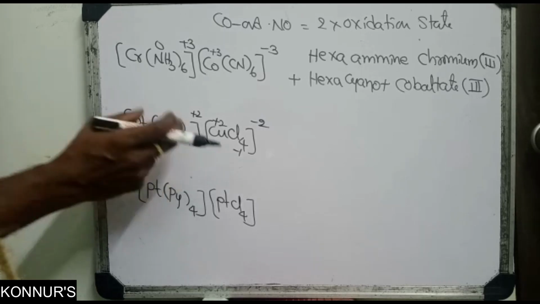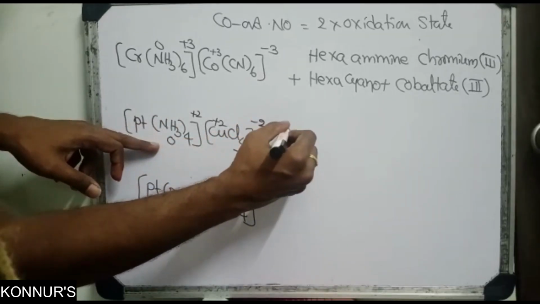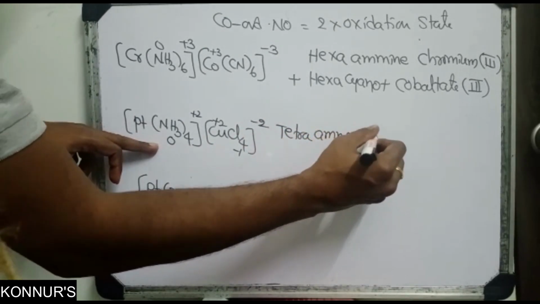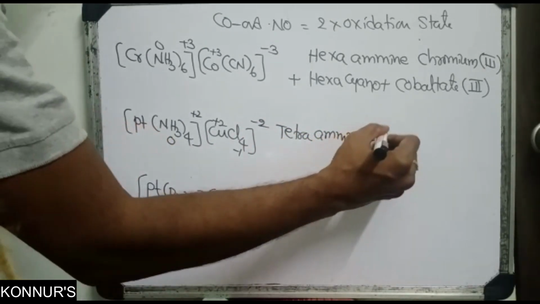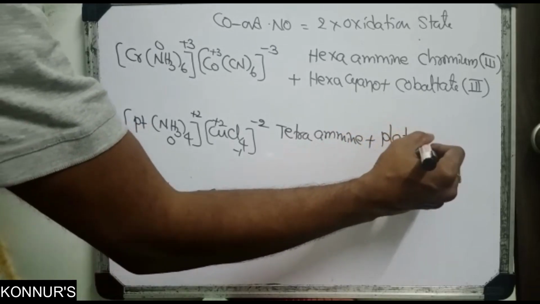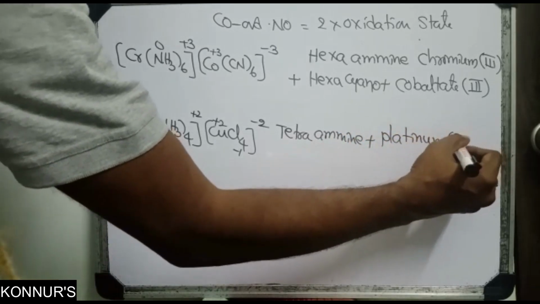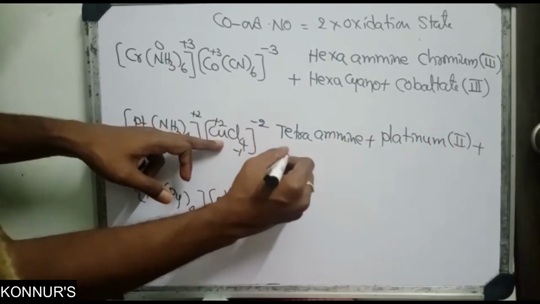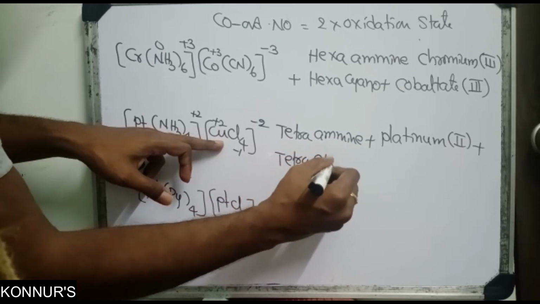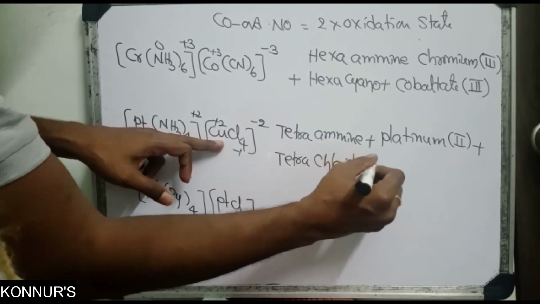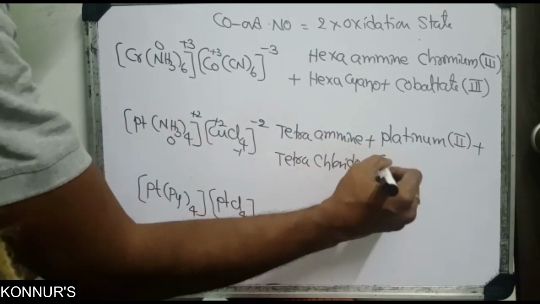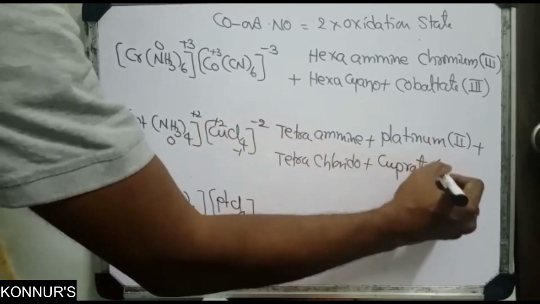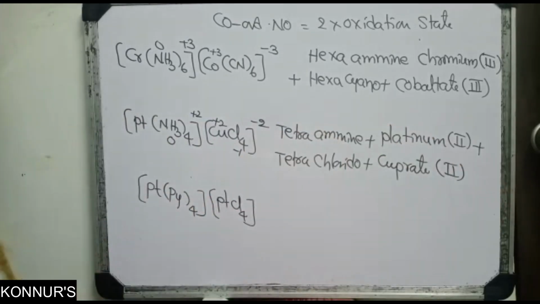First we write the positive one, that is tetraamine platinum 2. Next, you come to this complex, so tetrachloro, otherwise chlorido. Next, copper with negative charge, so you write cuprate, cuprate 2.